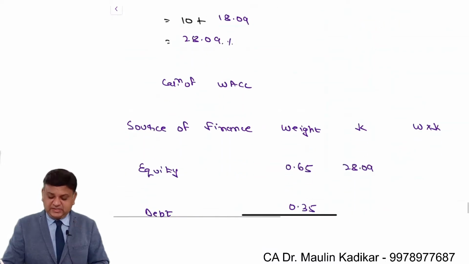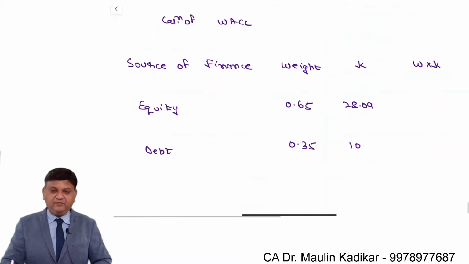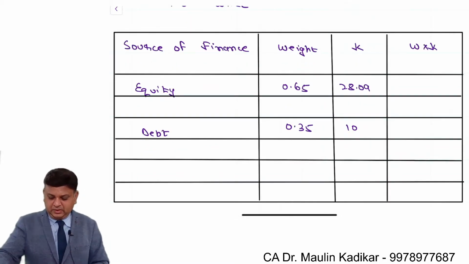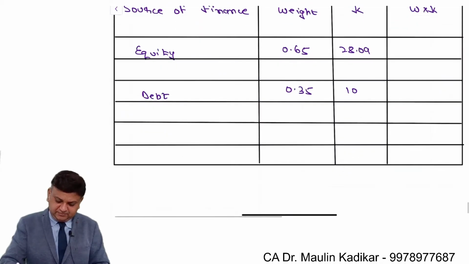Cost of debt financing is 10%. And then the simple weighted average value will be found. So 0.65 into 28.09, that is 18.26.